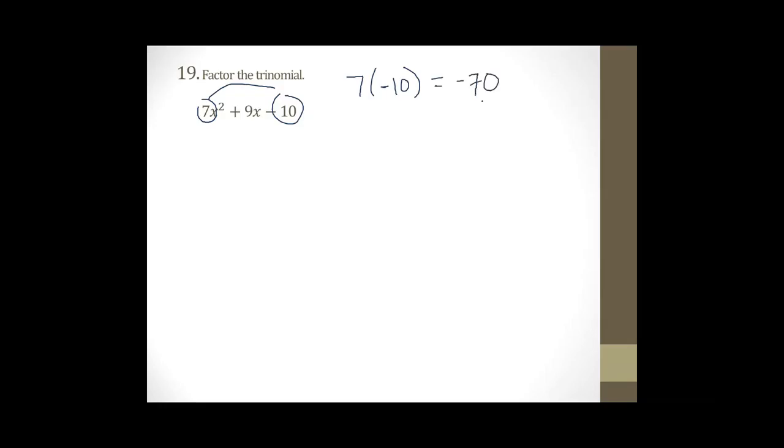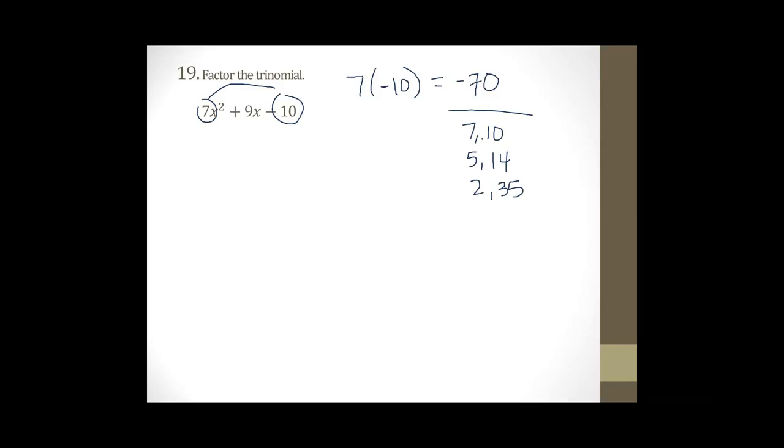So now this is the number that I'm going to use to find those two numbers that multiply to give me negative 70 and add to give me 9. If I list some numbers that multiply to give me negative 70, I've got 7 times 10, 5 times 14, 2 times 35, a lot of combinations here.